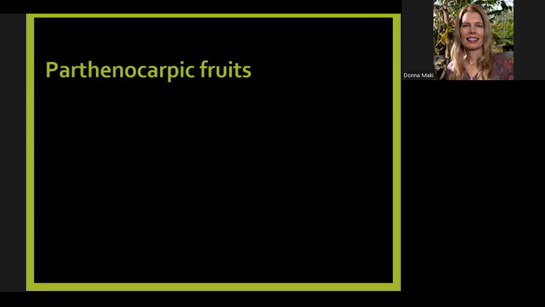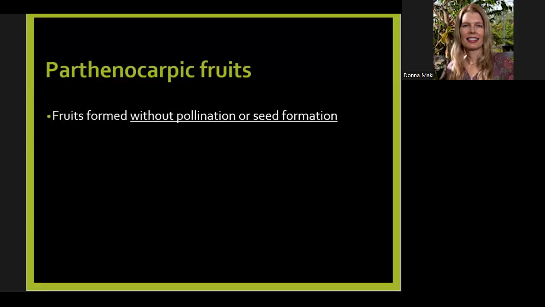Couple of other terms though, with fruits, some bizarre things that can happen. Sometimes you get fruits that can form without any kind of pollination occurring, which just seems like it's going against the definition of what a fruit is. And when you dissect the fruit, there's no seeds either. And yet it managed to develop into a fruit.